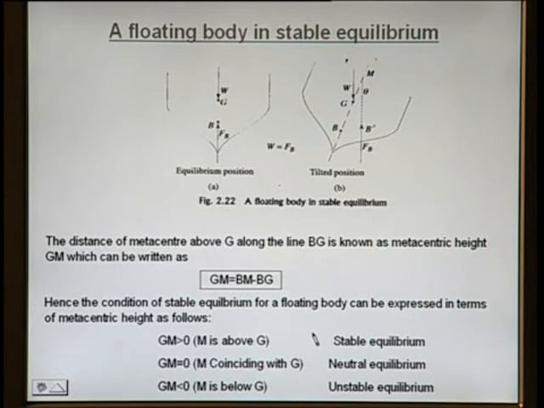Since this GM is very important, and in the case of ships the position of G may also change because people move from one location to another, or containers move, even a slight movement of the containers may shift G. So we have to keep all factors in mind in designing the ship very carefully from its stability point of view. So GM is very important.